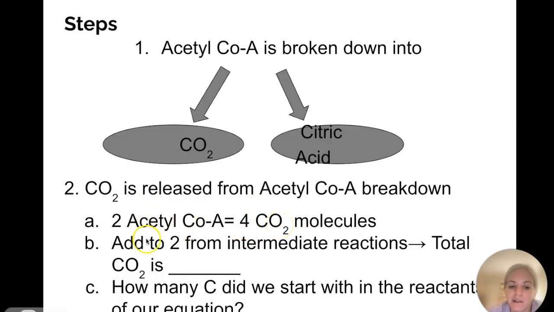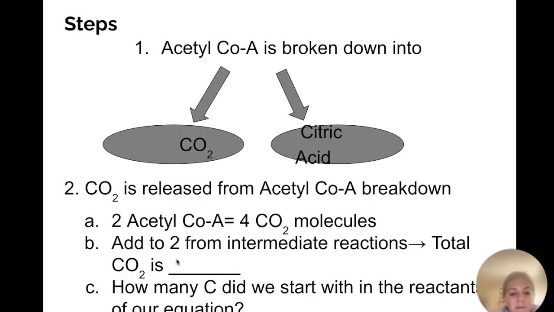If you add those to the 2 from the intermediate reactions, then the total amount of CO2 that's been released is how many? 4 plus 2 is 6 CO2, which you'll notice is the total amount produced in the cellular respiration equation. So we've now released all the carbon dioxide.